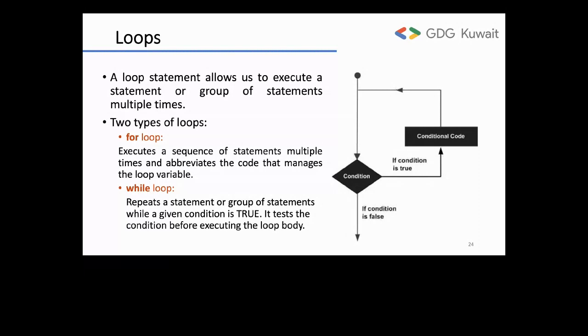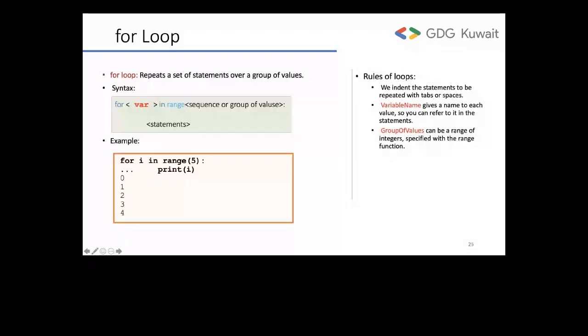There are some rules for loops. When we indent a statement to be repeated with tabs or spaces, okay, there should be an indentation here, just like the if statement. The variable name gives a name to each value. So i will be like 0 and then 1 and then 2.